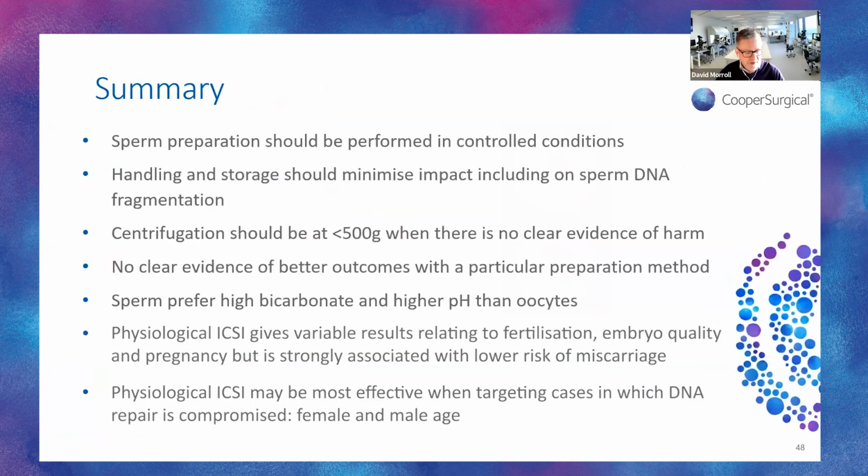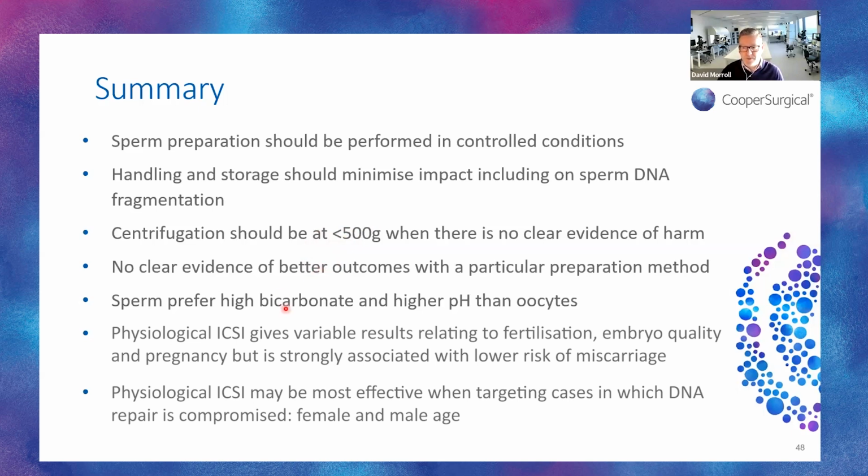So quickly to summarize, sperm preparation should be performed in controlled conditions. We should handle the sperm in ways that minimize the impact on sperm DNA fragmentation. Centrifugation is probably okay, but we need to moderate the speeds we do it at where there's no evidence of harm. No particular sperm preparation method stands out as being better than others.